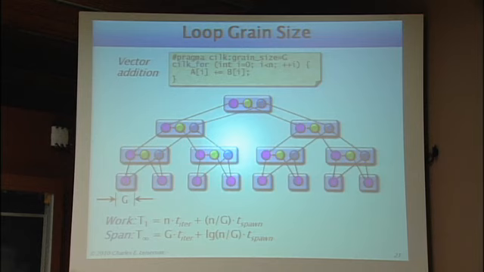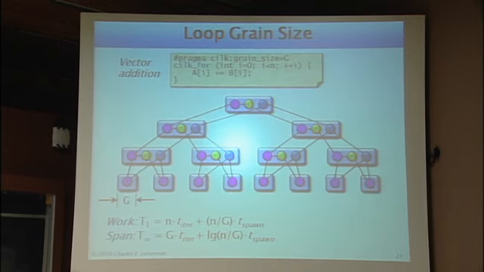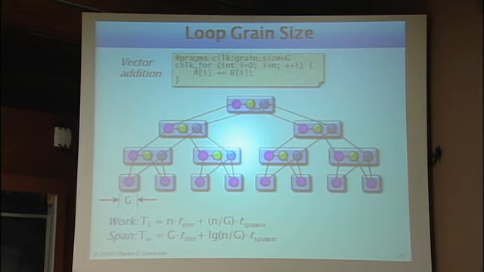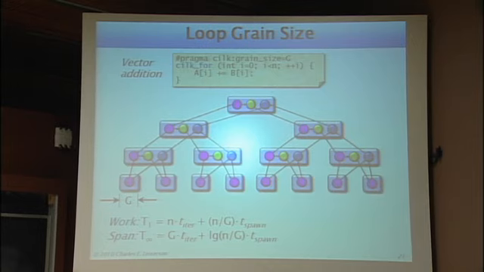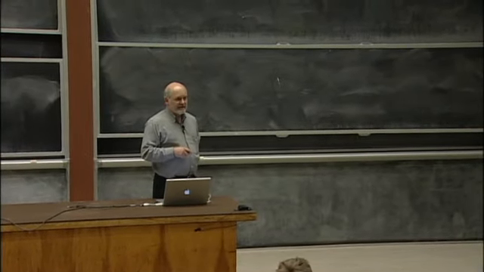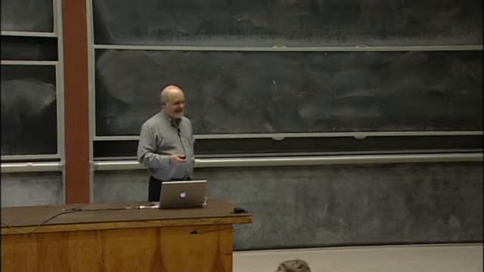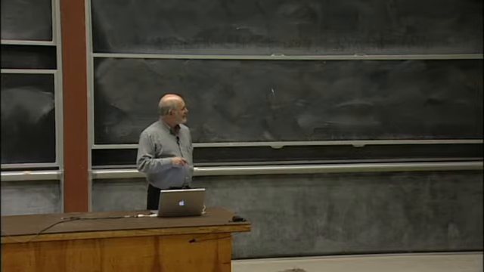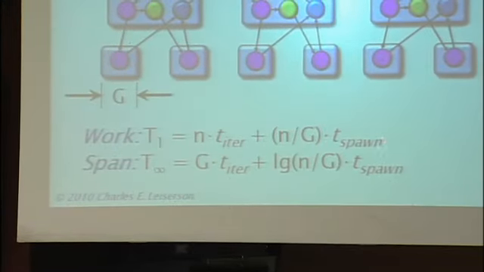So what do we want here if I want good parallel code? We would like the work to be as small as possible. How can I set g to make the work small? Make g big or little? If you want this term to be small, you want g to be big.